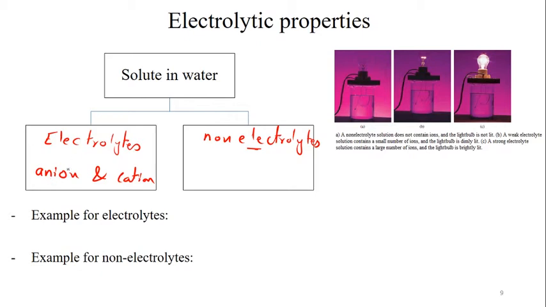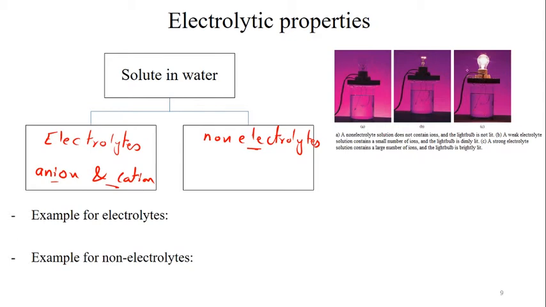The ability to form anions and cations will result in the flow of current. So if I pass a current through a solution that is completely dissociated, those dissociated particles will be able to carry the current through the solution.